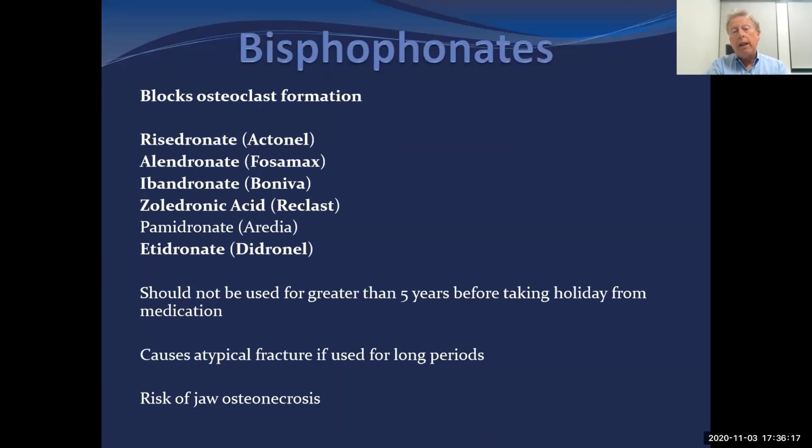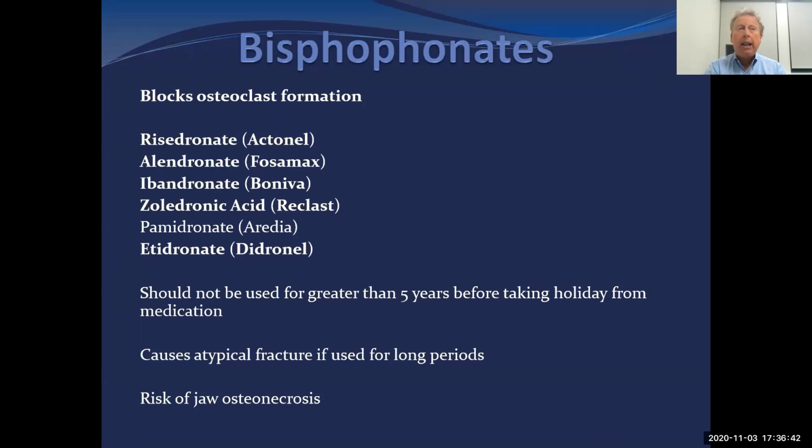So now let's talk about some of the real pharmacologic treatments of osteoporosis. What do you do if somebody's made the diagnosis of osteoporosis through a bone density? Well, one of the groups of medications that we prescribe is called bisphosphonates.